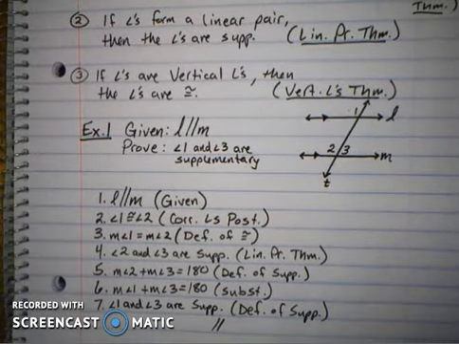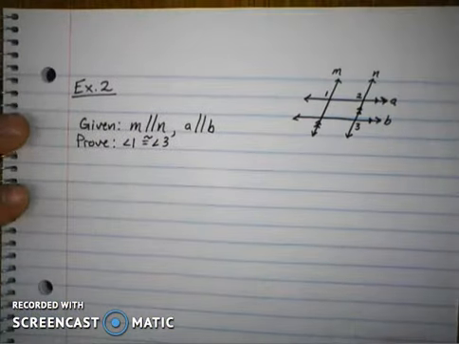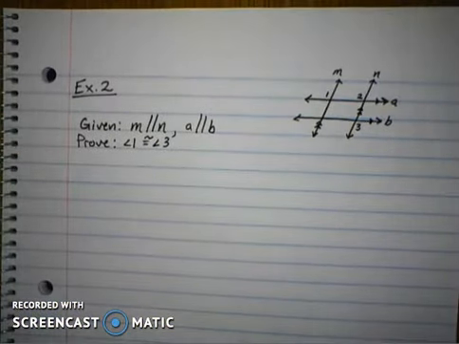Alright, we're going to do one more quick example. This one is an even shorter proof, but another example of how we can prove things about parallel lines with non-algebra, just with facts about the angle measures, no numbers. Alright? So in this example, I've got two sets of parallel lines.